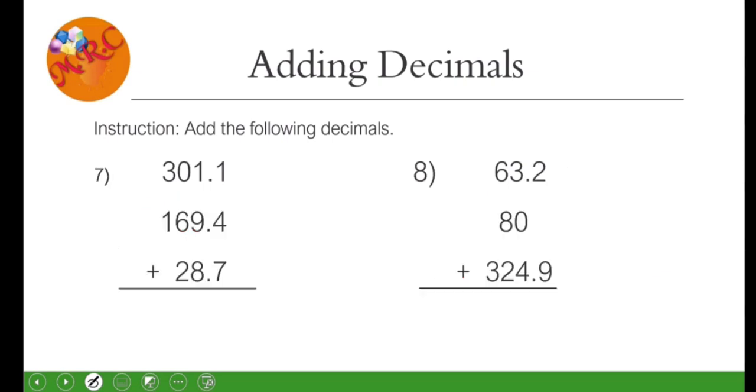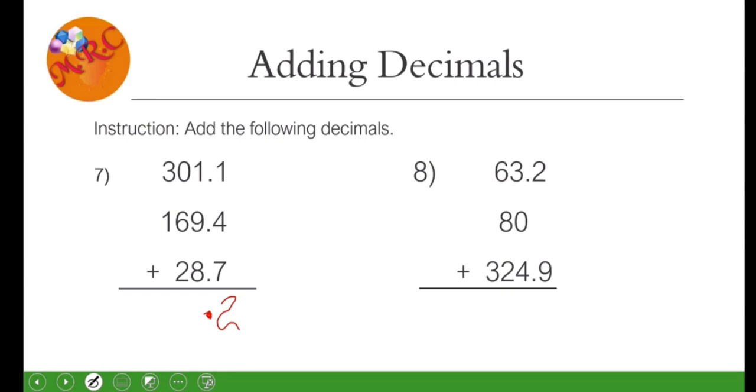Alright, so number 7, we're just working with 3 numbers in each for number 7 and 8. They're all aligned already, so let's just get into that. So we're adding, and we're going to be adding our 7, 4, and 1. They're all in the tenths column. So 7 plus 4, that is 11, plus 1, which is 12. Then we'll put our decimal points, keeping everything aligned.